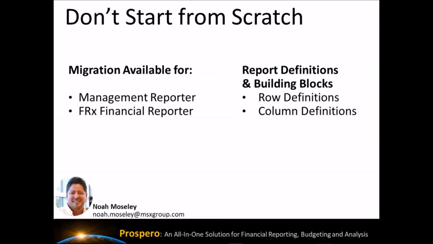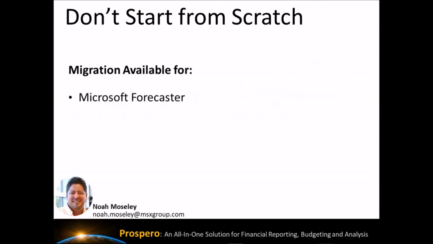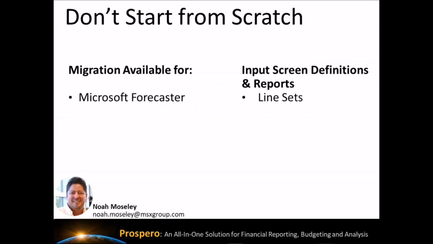If you're a user of Microsoft Forecaster for budgeting, we have migration options for that application as well. We can copy your input screen definitions and reports, line sets, and column sets from Forecaster over to Prospero. So these are great options for migrating those existing definitions from FRx, Management Reporter, and Forecaster over to Prospero.